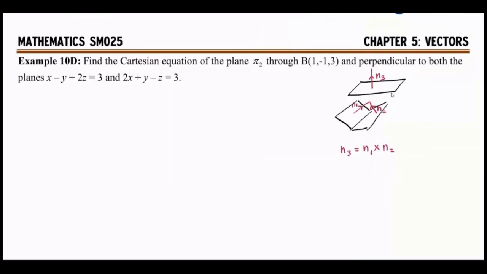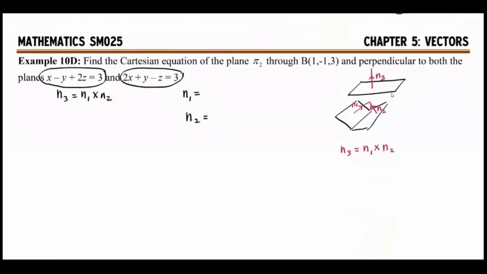It is like opening a book, and then on top there is a plane, so the normal direction forms a triangle shape, sticking out. So to find N3 it will be N1 cross N2. What is our N1? How to find the N?